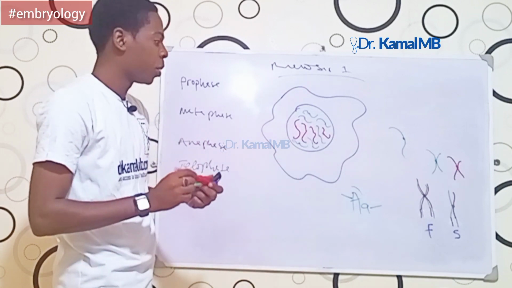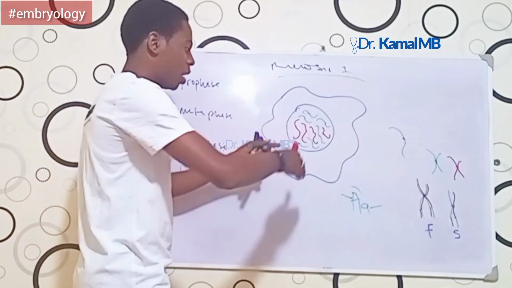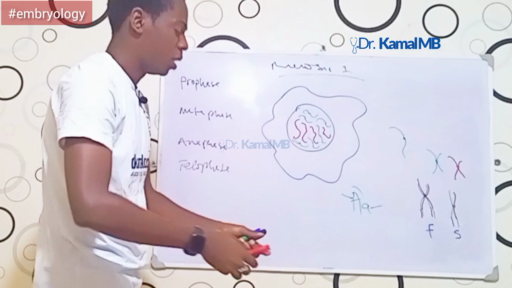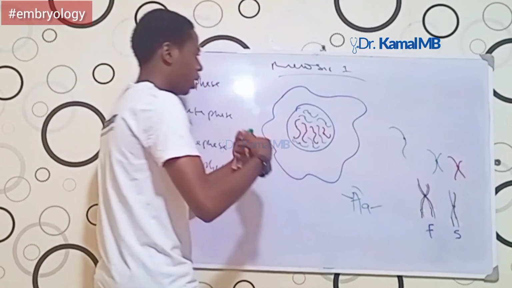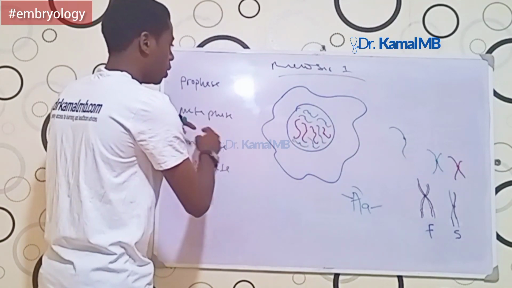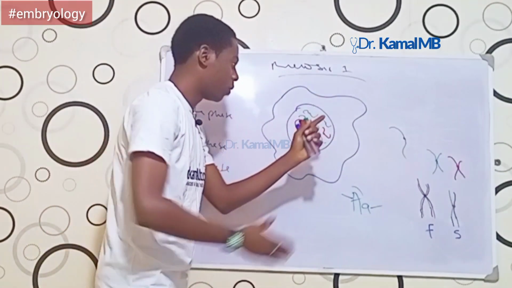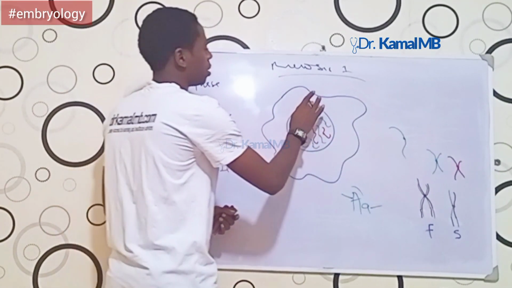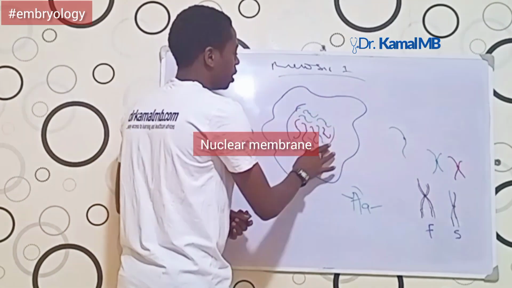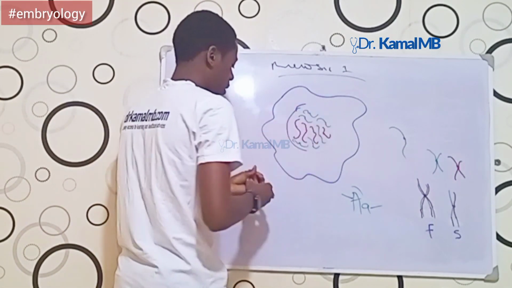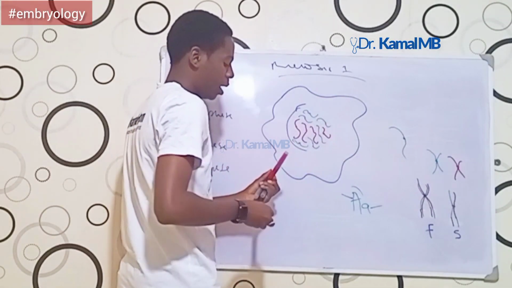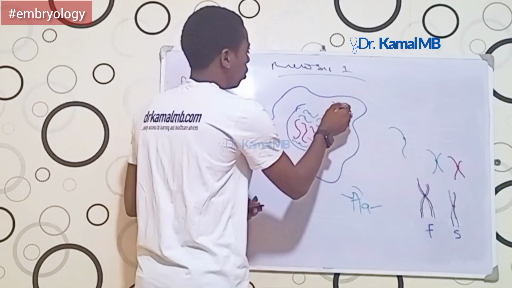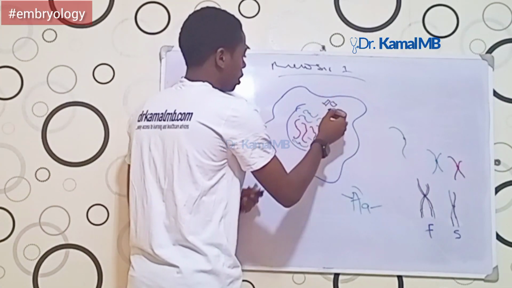Alright, okay. So after this, now they will come and arrange themselves in the equatorial plane. That is during the metaphase, they will arrange themselves. So after they arrange themselves, then this nuclear membrane will get ruptured and the centrioles will come into play, creating microspindles.